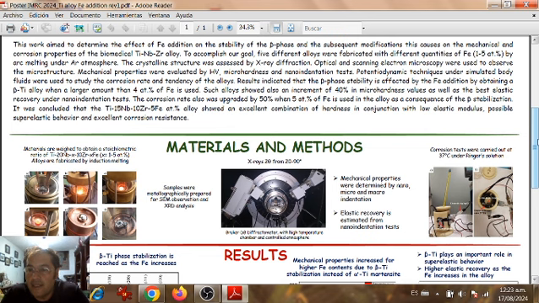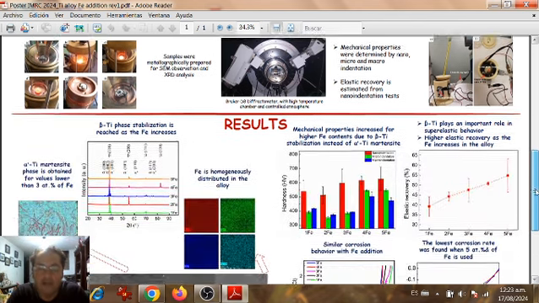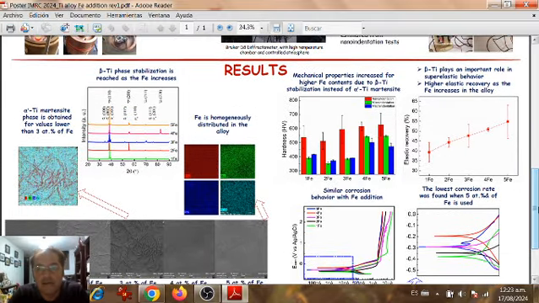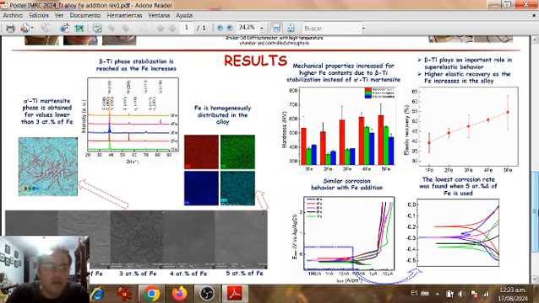Finally, we run corrosion tests in Ringer solution at 37 degrees to evaluate the behavior of such alloys under simulated body fluids.